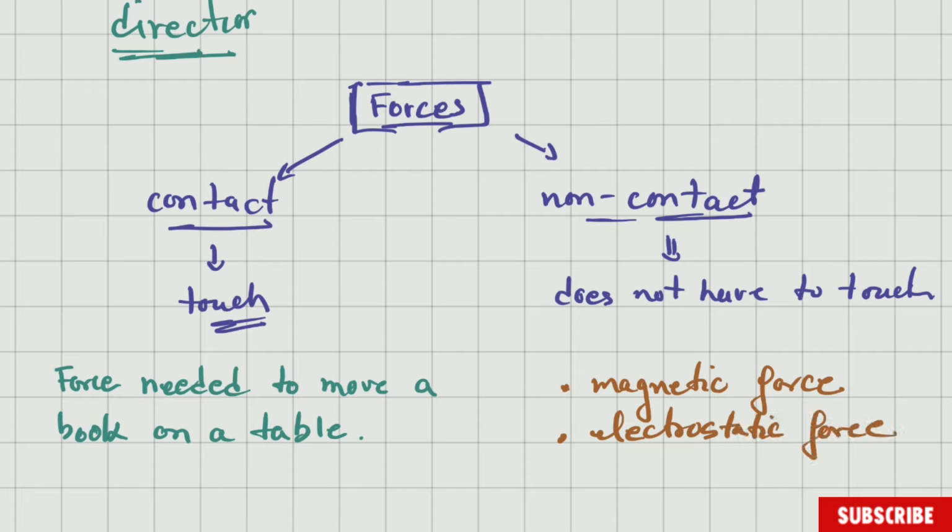These are forces we did previously. You do not need to touch the objects to produce that change. A magnet doesn't need to touch a metal; it can attract that metal from a certain distance.